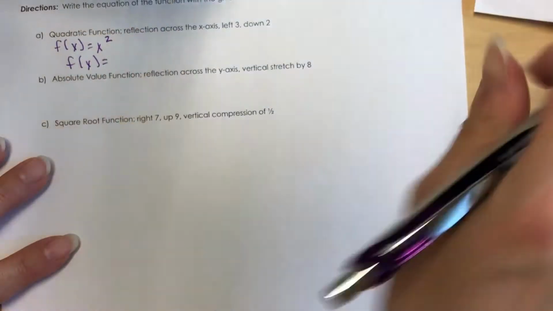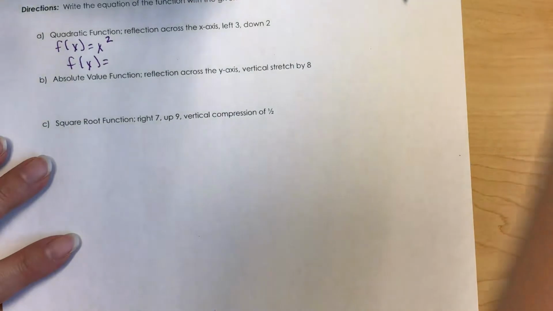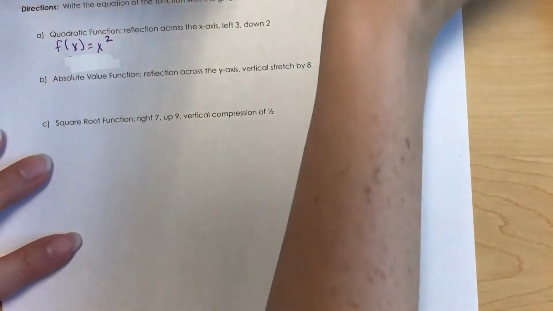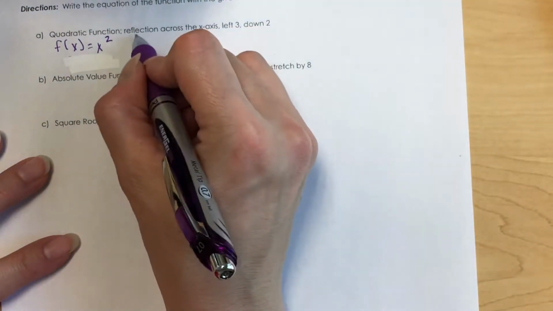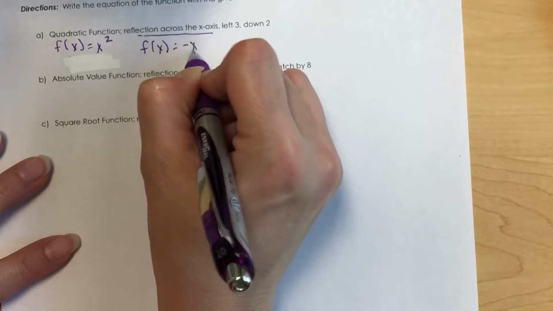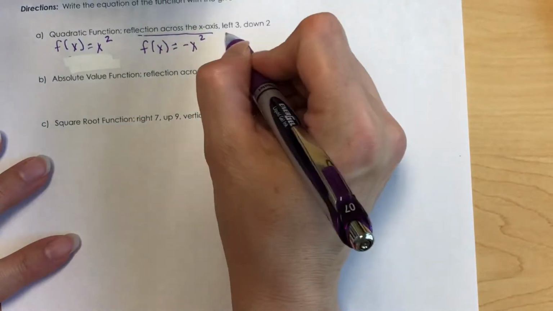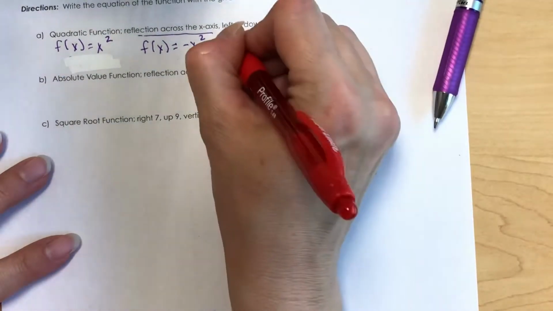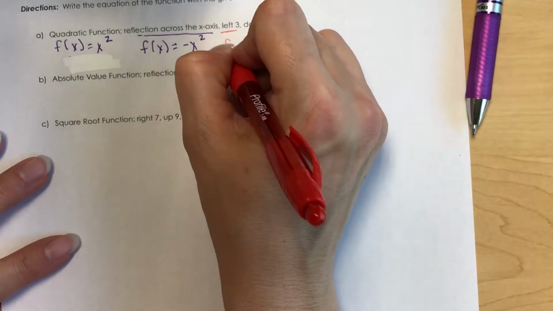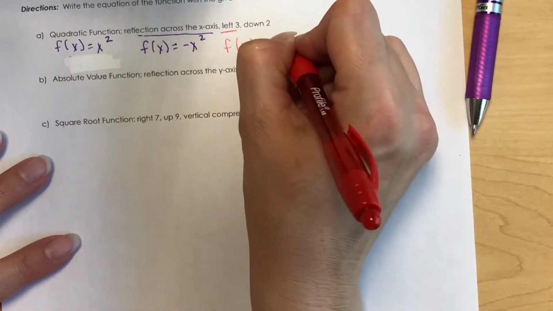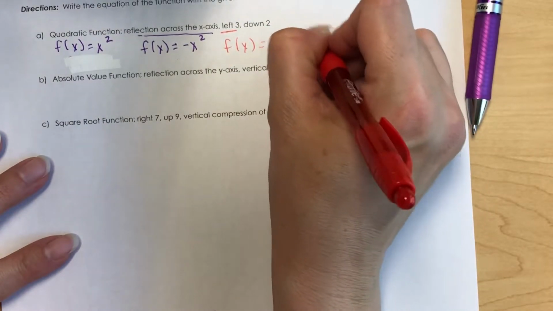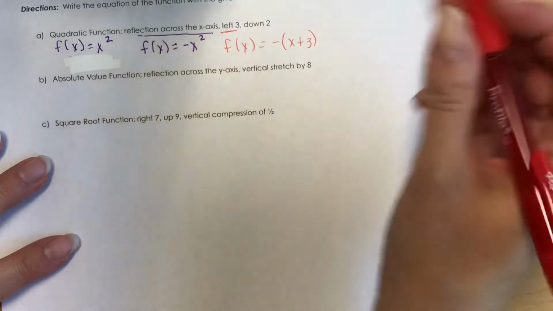Let me try to organize this a little bit better. Okay, so the reflection across the x-axis is going to make it f of x equal negative x squared. All right, left 3 is going to add 3 to the x. So f of x equals negative, I'm going to use parentheses, and I need to add 3 to my x because it's going to the left.